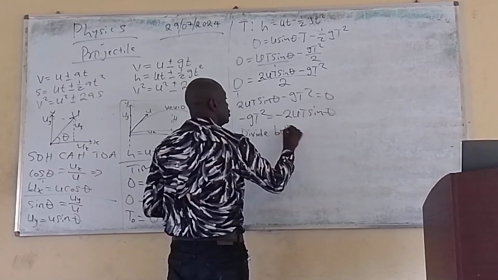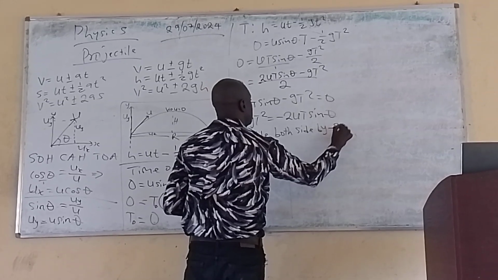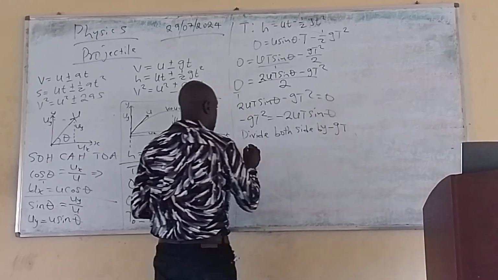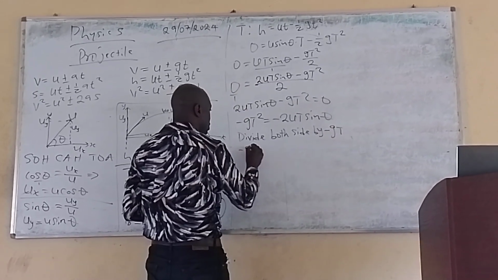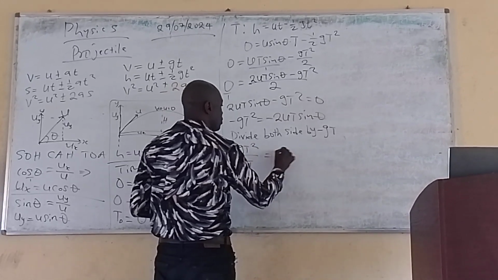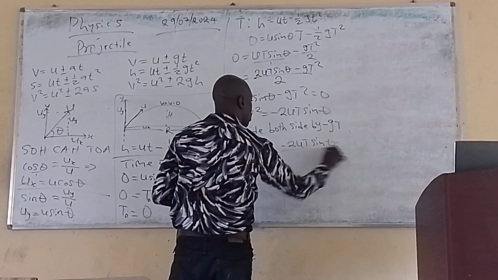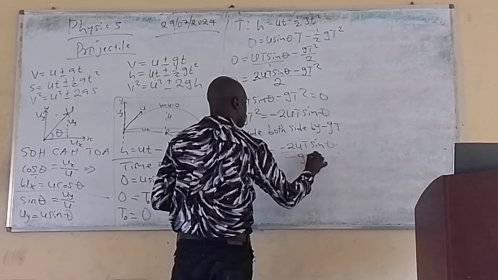Now we have minus gt squared all over minus gt is equal to minus 2ut sine theta all over minus gt.